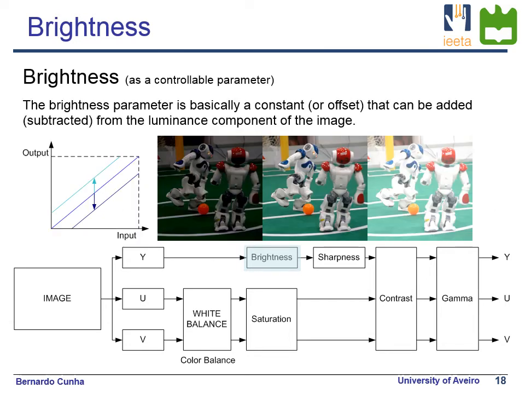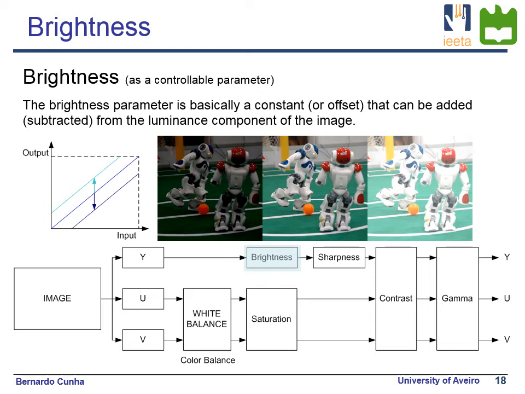But brightness, apart from being an intrinsic parameter of the image, can also normally be a controllable parameter, which means that you get here the brightness characteristics of the image, but you can actuate on this model to change dynamically that brightness level. If you consider this small graphic here, the central line is the basic transfer function, where on the x-axis you have the input image, on the y-axis you have the output image.